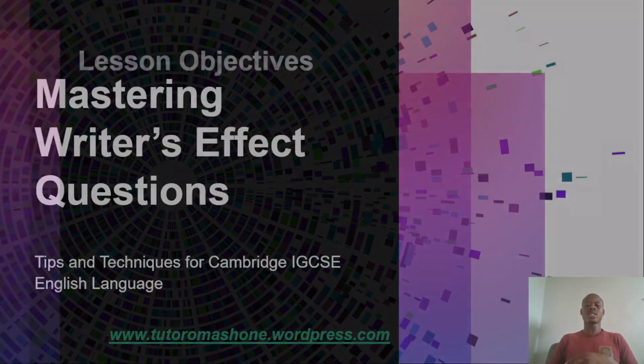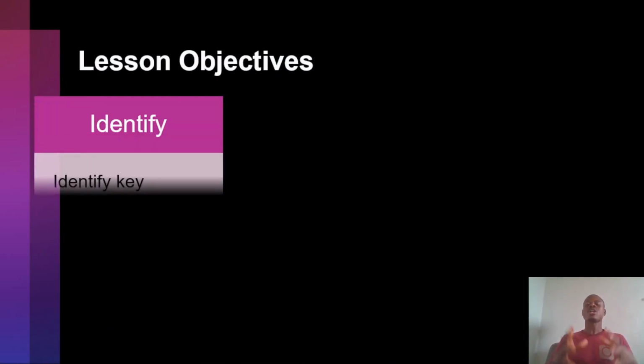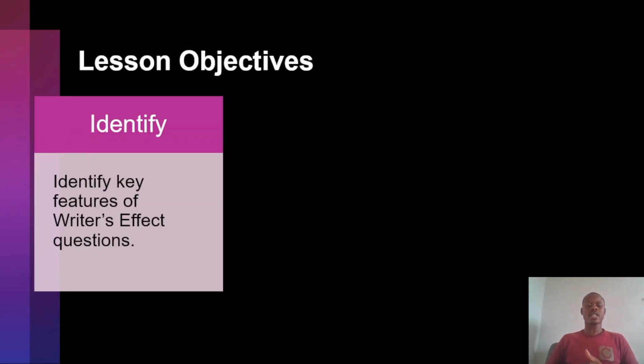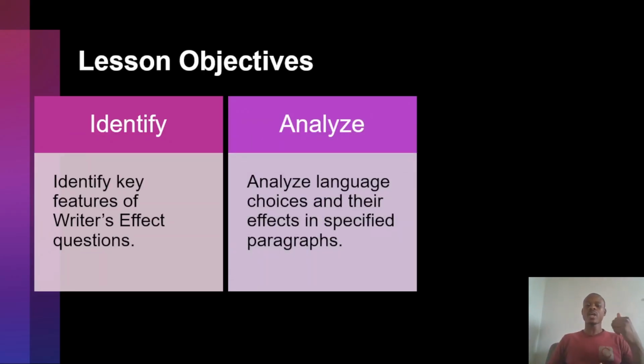Before we move on, let's look at the language objectives for this class. The first is that you should be able to identify the key features of writer's effect questions. Then you're going to analyze language choices and their effects in specified paragraphs. Like I just mentioned, you'll be given two paragraphs to analyze.